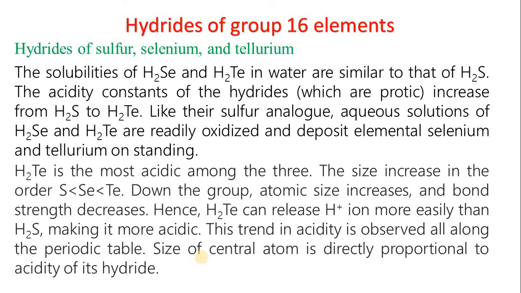The decrease in bond strength from sulfur to tellurium increases the acidic strength. This trend in acidity is observed all along the periodic table, and the size of the central atom is directly proportional to the acidity of the hydride.